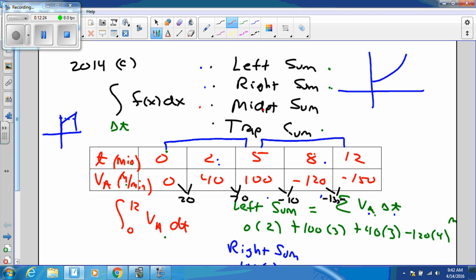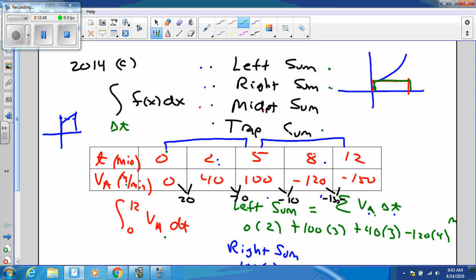Notice that this curve is increasing and it is concave up. What happens if I estimate the area with a single subinterval left sum? Let me make that green so I have to use my color sleeve down here. So this is my left sum right there. Is it an overestimate or an underestimate? It's obviously under. Why does it have to be under?